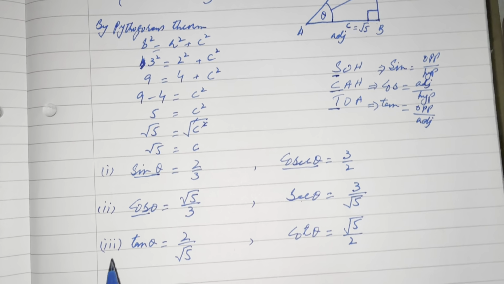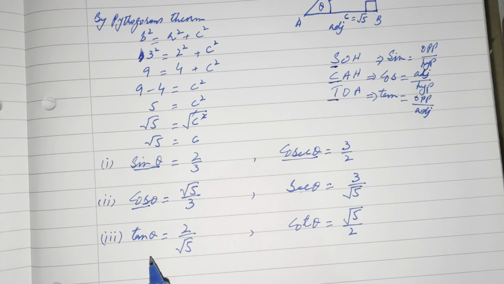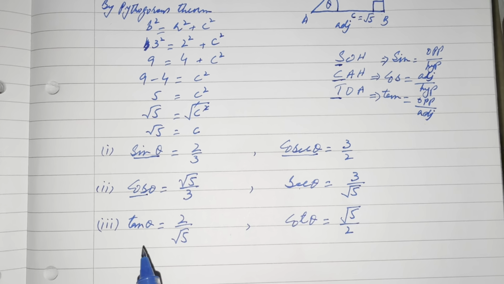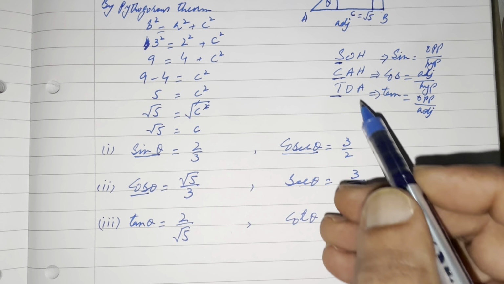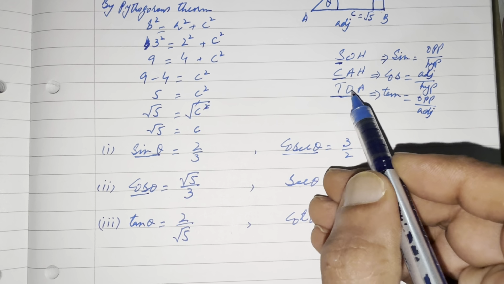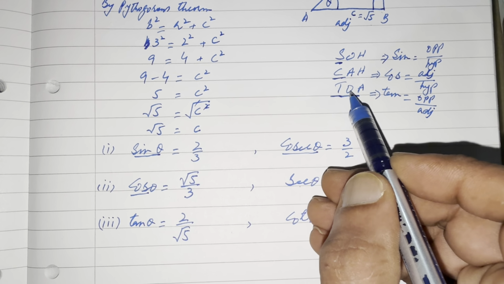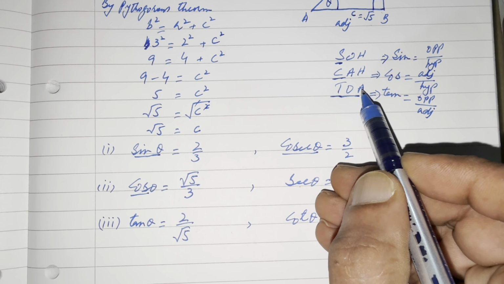Same as in the tangent theta, when we find the ratio of tangent theta with the help of this word TOA, tangent is equal to opposite over adjacent.